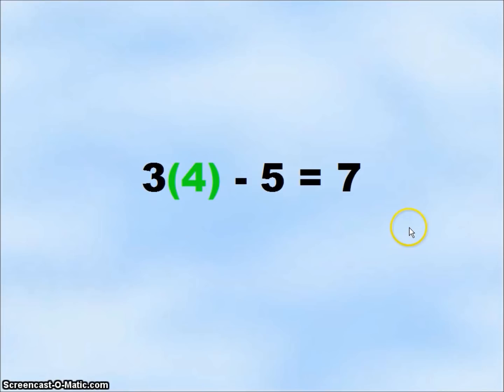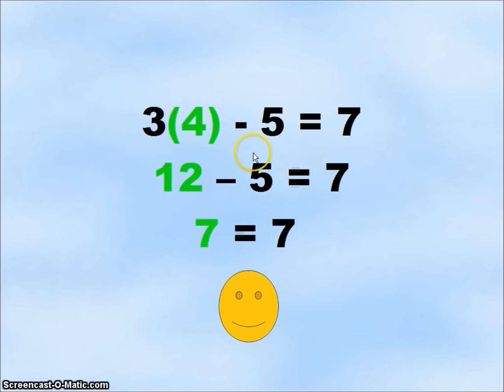Is that true? Well, there we go. Plugging the 4 in, 3 times 4 gives us 12. And evaluating this side, 12 minus 5 gives us 7. And 7 equals 7. Yay! It's a solution.